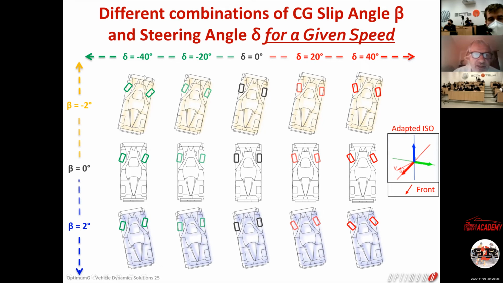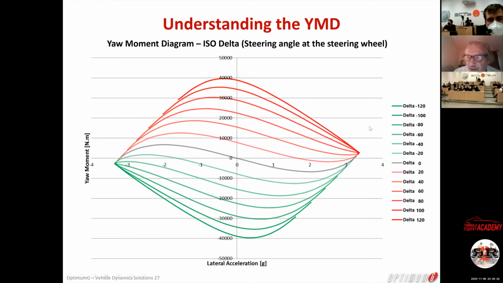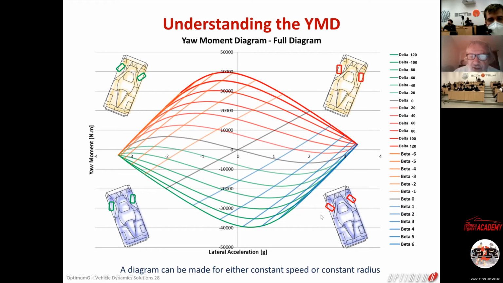So for example, here I have delta of -40 degrees and beta of 2 degrees, and I'm able to find what is the corresponding situation there.